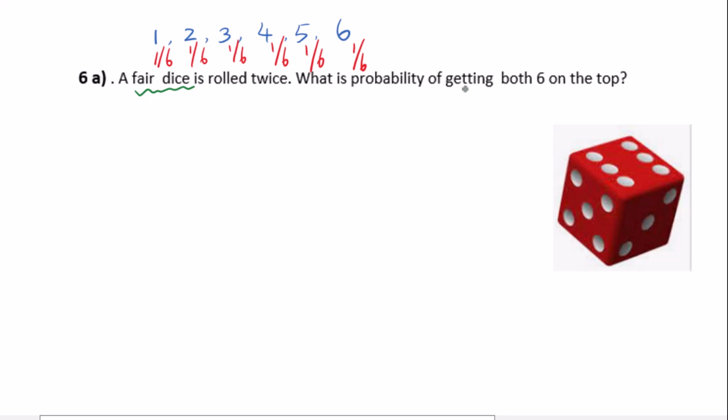The probability of getting both 6 on the top will be 1 over 6 times 1 over 6 equals 1 over 36. Rolling the dice twice is an independent event.